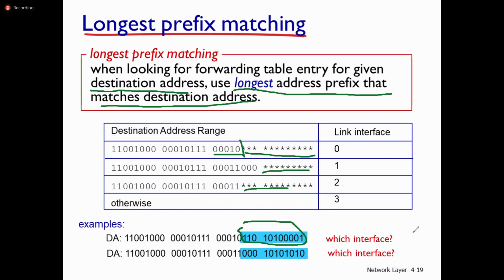This link interface is 0. Then 00011, this is interface 2. So here we are simply dividing the host destination IP addresses into 4 ranges. Based on the range, the packets are forwarded to the concerned link interfaces.